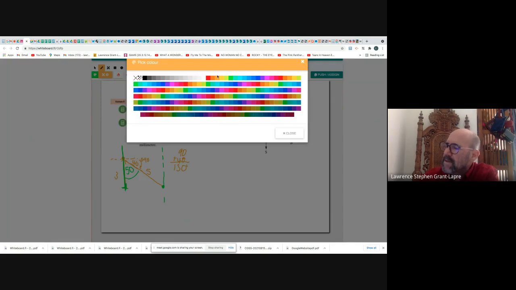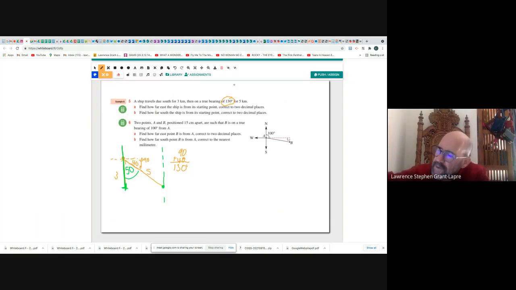East, I'll use blue, from this point that it turned, that's how far it goes east. It's east of that point, it's east of everything on that line, and it started here.